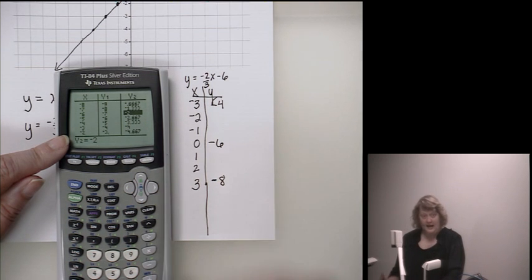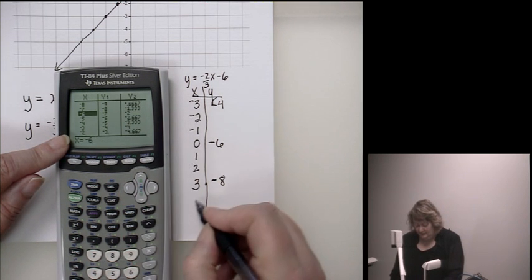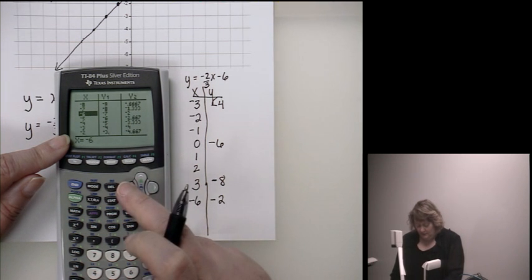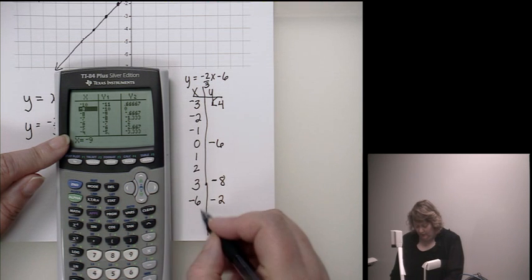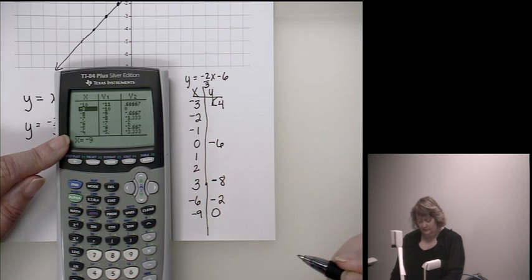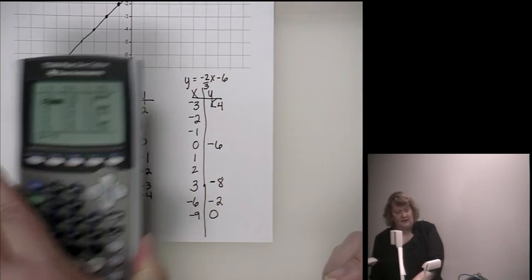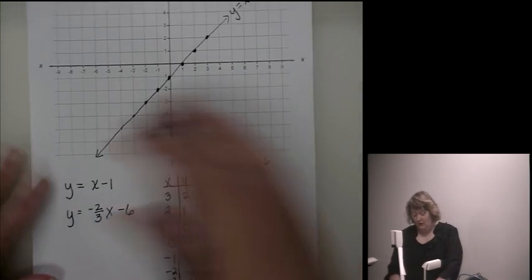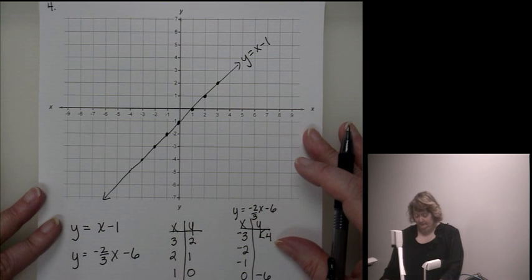I'm just looking in the table for a whole number. And that's -2. So I've got -6, -2. Oh, there's another whole number. -9, 0. So those are the only numbers I have that will fit on my chart, because my chart is limited by the size that I have.